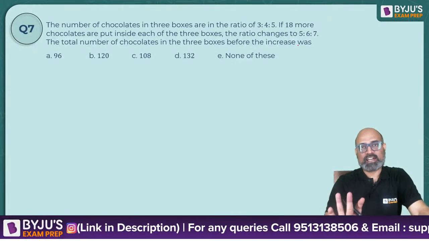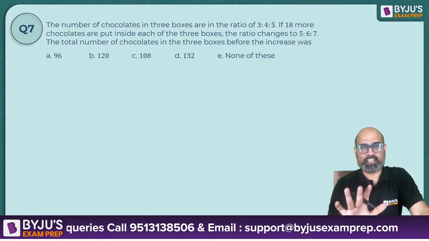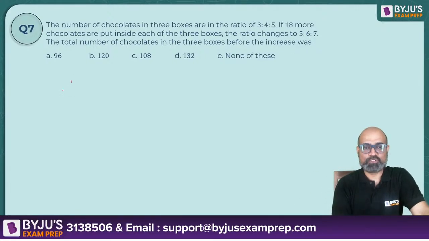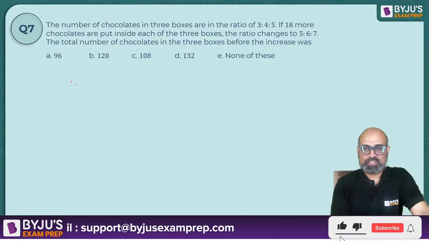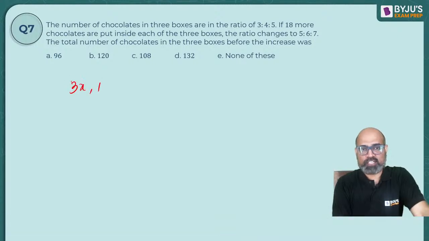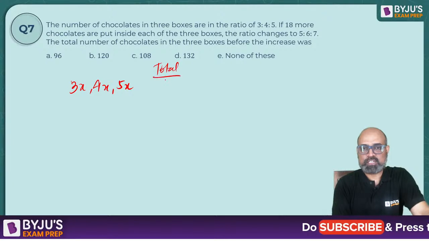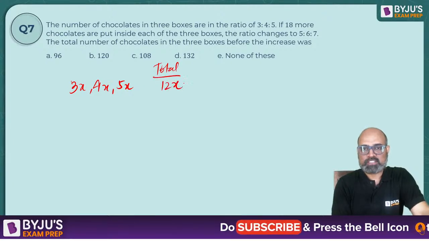अब इतनी तैयारी तो करी है कि अब इसको I'm going to just write it down for the sake of writing it down. You guys don't have to. So the number of chocolates are 3x, 4x, and 5x. Total number of chocolates we have is 12x.